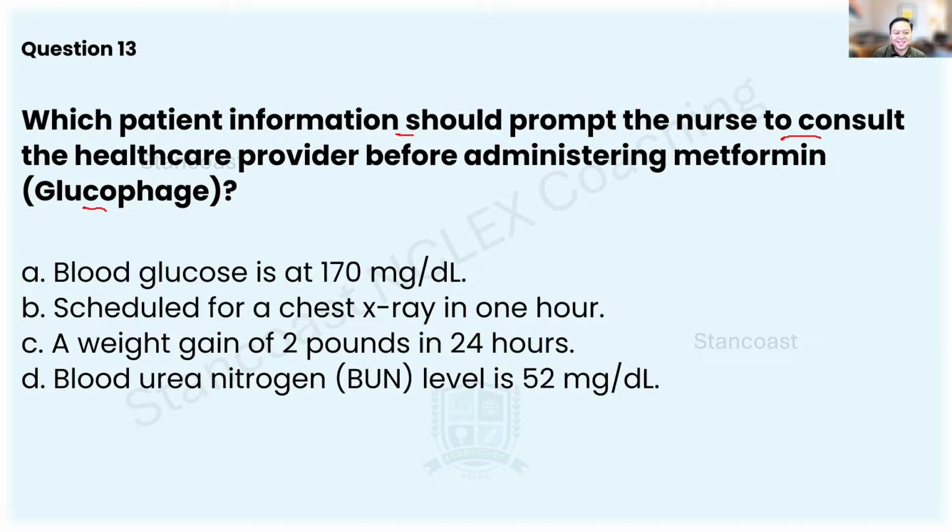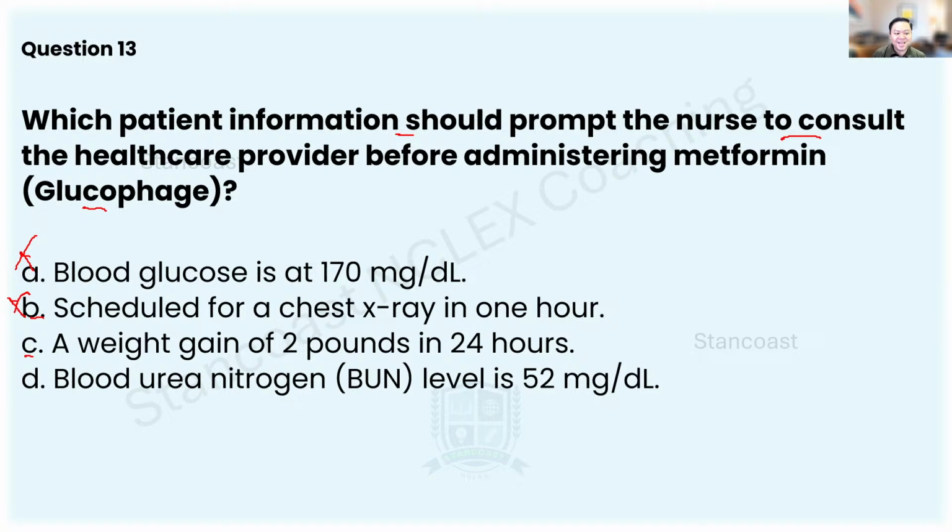It is slightly elevated, right? But not dangerously high. So we are not going to select this one. If you answered letter B, scheduled for a chest x-ray in 1 hour, is there such a contraindication? It doesn't. There's no interference between the use of metformin and the diagnostic test, chest x-ray. No known interaction.